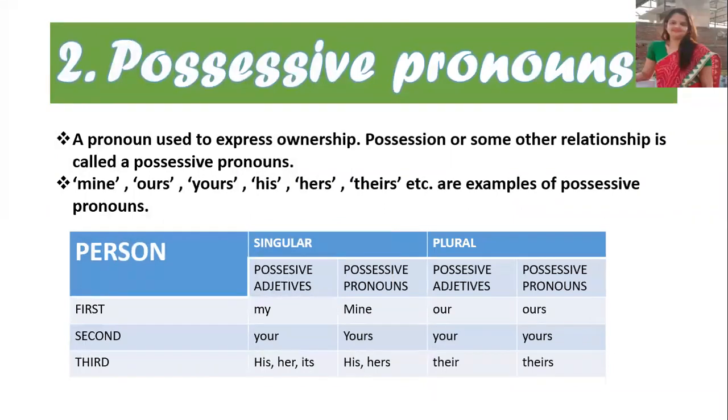Possessive pronouns are used to express ownership. Ownership means your particular personal property or some other relationships are known as possessive pronouns. Okay, if we talk about the difference between possessive pronoun and possessive adjective, you will find one major difference, that is possessive pronouns are used in place of nouns and adjectives are placed before nouns.